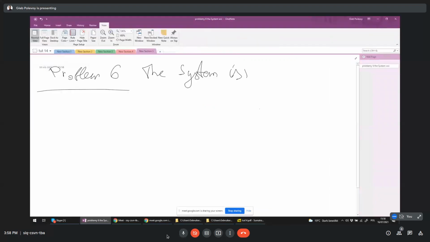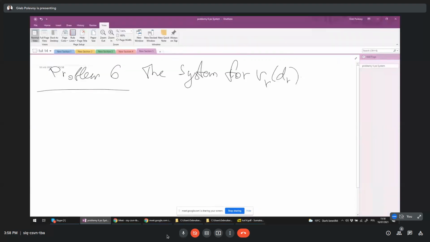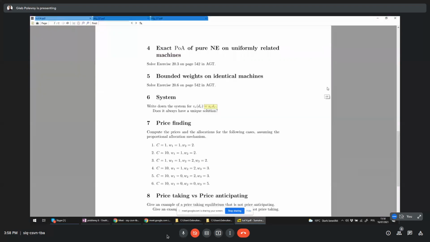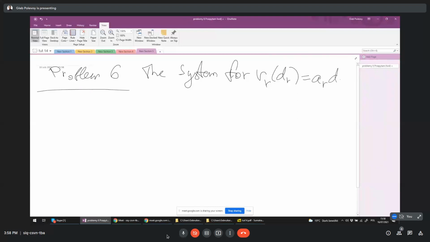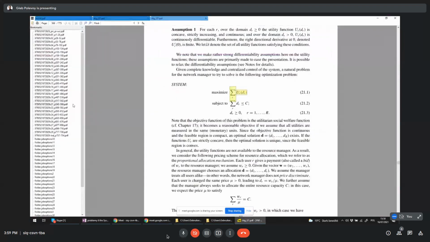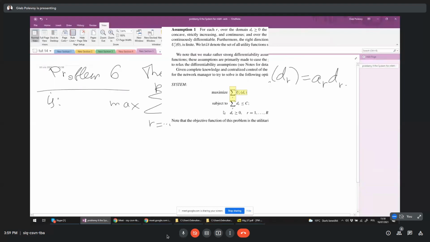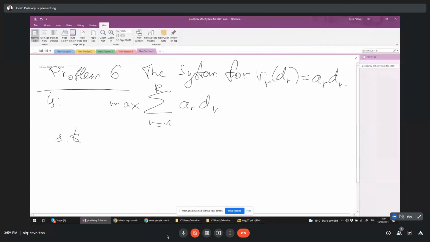For the value function V_R for the given amount d_R, where R is one of the players, it is simply some A times d_R. So the system is the following. Maximize the sum over the players of A_R d_R, subject to what conditions?